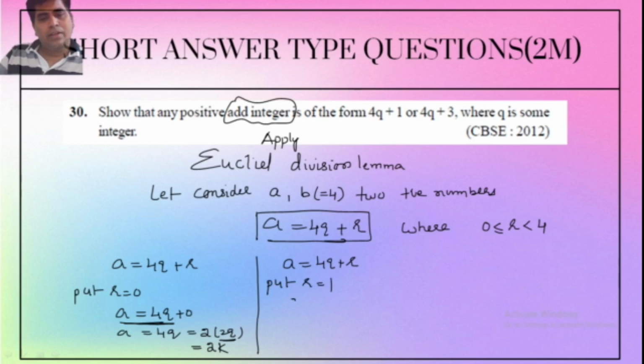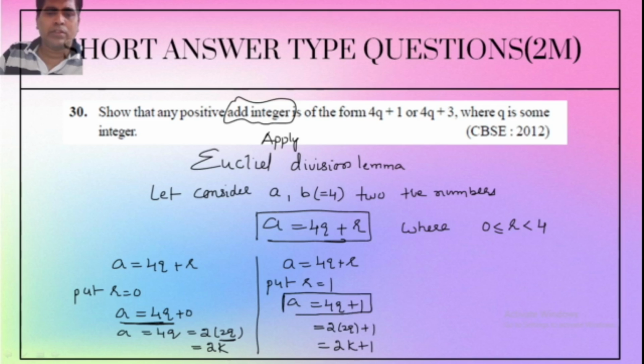So what will I get? A is equal to 4q plus 1. 4q plus 1. So I can write this as 2 into 2q plus 1. That is nothing but 2k plus 1. So I wrote this A, 4q plus 1, in terms of 2q plus 1.